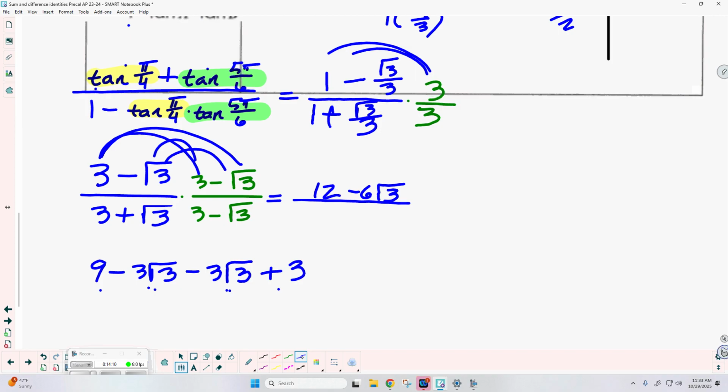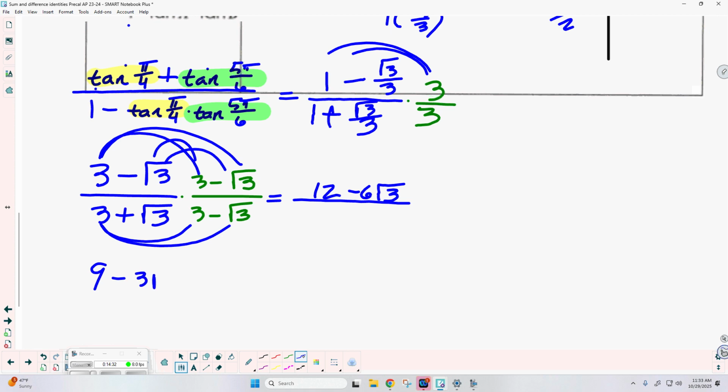Now, down below, we have conjugates. The nice thing about conjugates, if you realize you're multiplying conjugates, your outside and your inside products are always going to be opposites. So this time I'll run through and show you. So let's go FOIL. First, okay, so there's 9. Outside, 3 times a negative root 3, that's a minus 3 root 3.